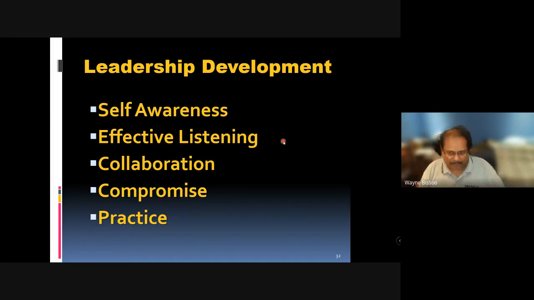Everything we're talking about here requires practice, because without effective listening, you can't collaborate effectively. Because collaboration means giving up control, giving up to somebody else's, and you can't give up if you don't suspend your own judgment of what is right or wrong.